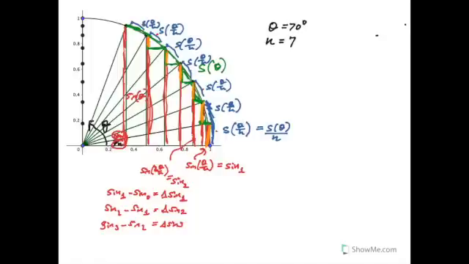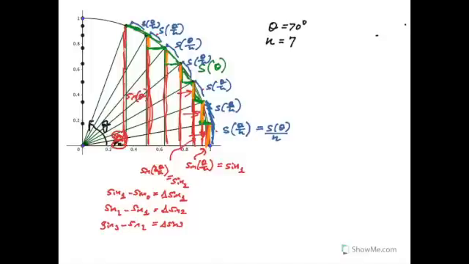So this yellow line, this first one, is delta sine 1, and that's delta sine 2, and that's delta sine 3, because it's how much bigger sine 3 is than sine 2.